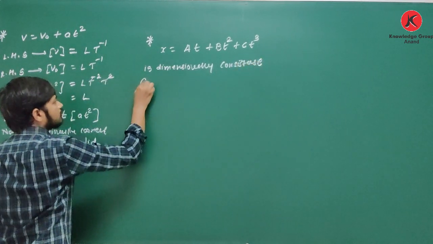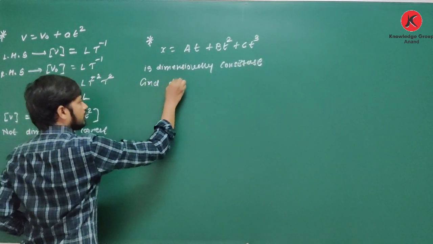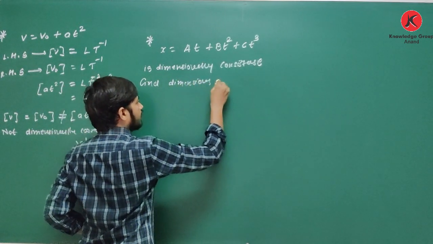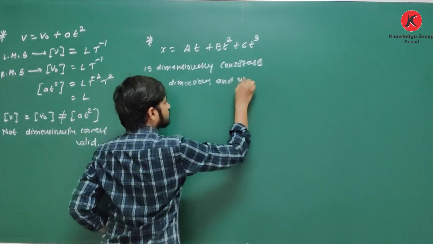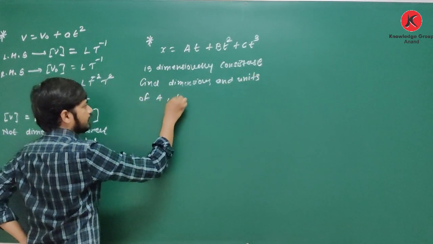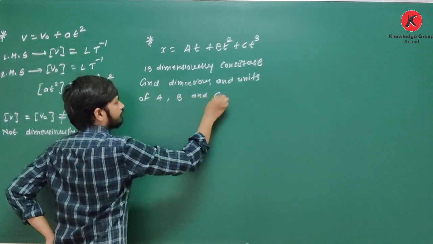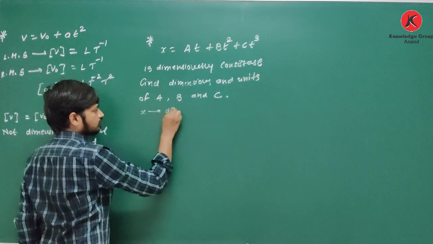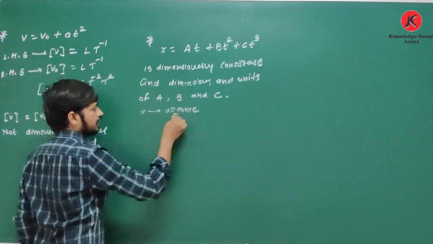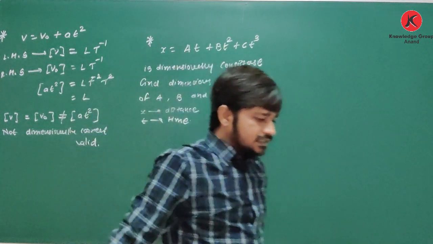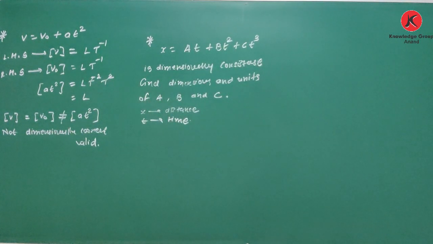Then find the dimensions and units of A, B and C. Here x is distance and t is time. What is the question? You are given one equation.